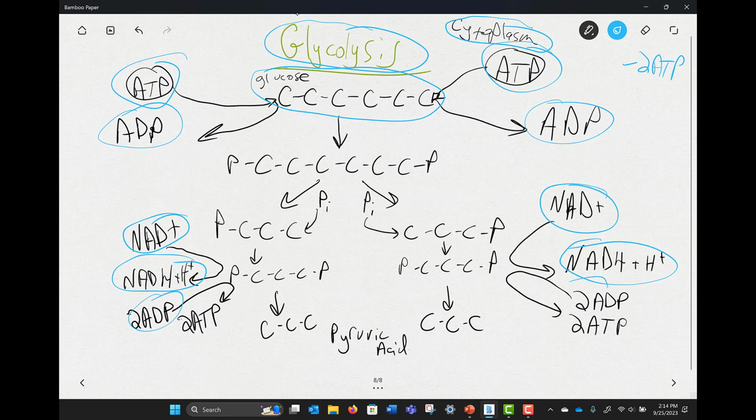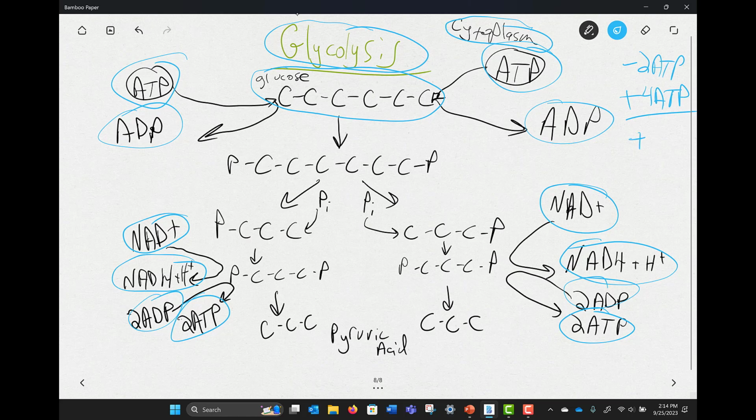Now we take 2 ADPs on each side, so 4 ADPs total. And what do we make? 4 ATP. So we spent 2 ATPs, but we gained 4 ATPs. What does that mean?